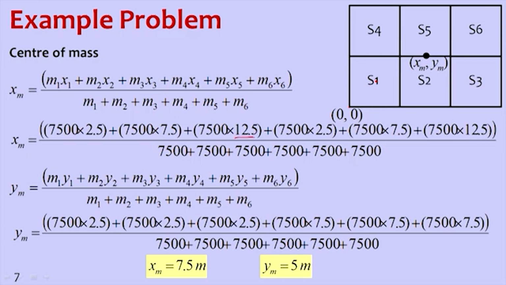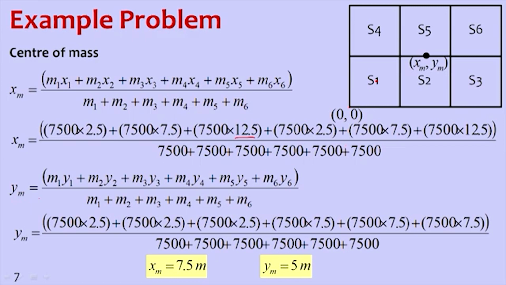These are the values which you have already calculated, plus 7500 into 2.5, plus 7500 into 7.5, plus 7500 into 12.5. This is for the 6th slab. And then adding up all the masses together, 7500 into 6, because all the slab masses are similar.